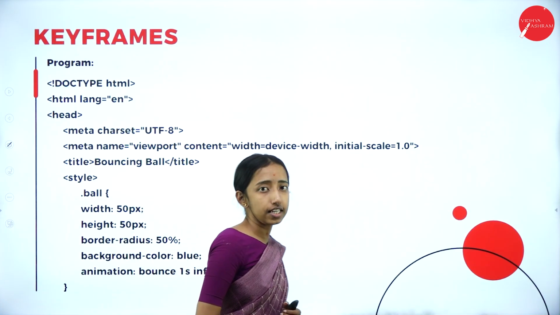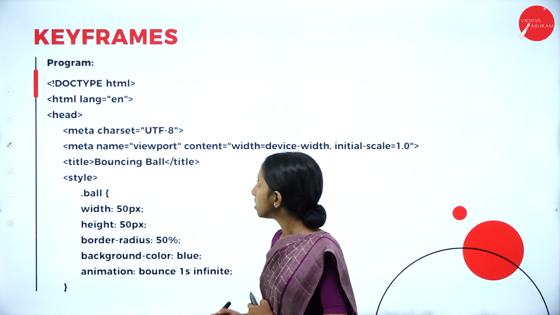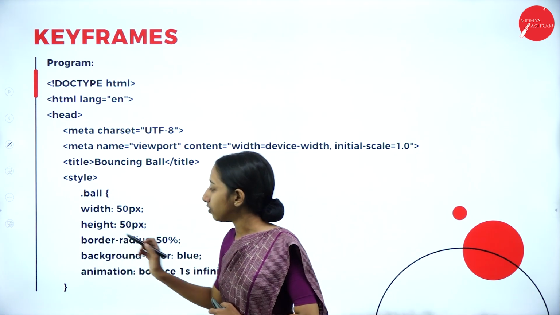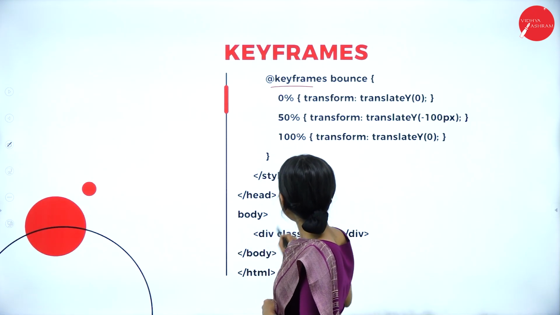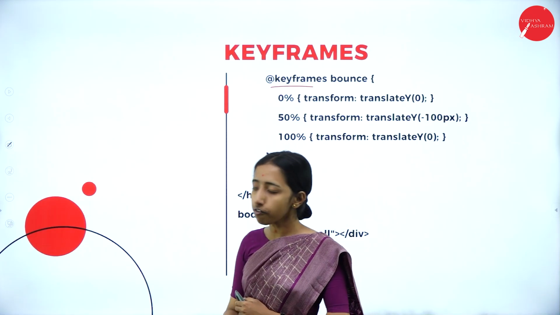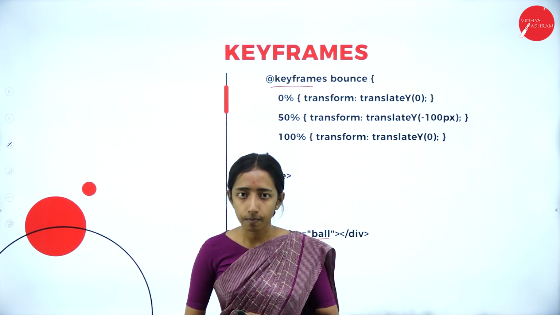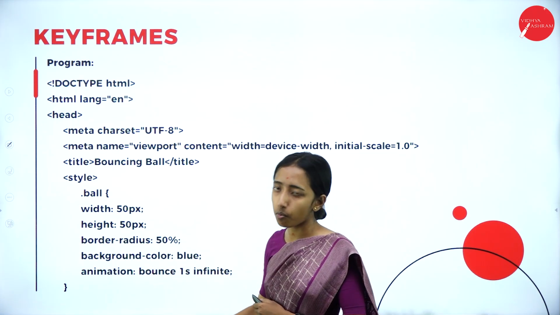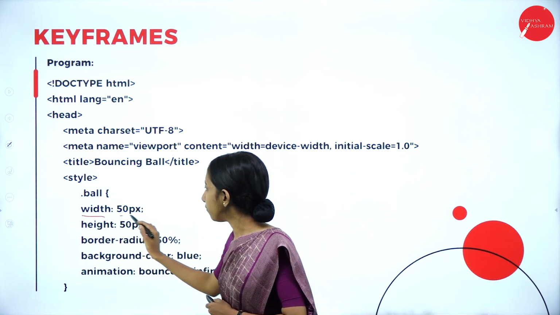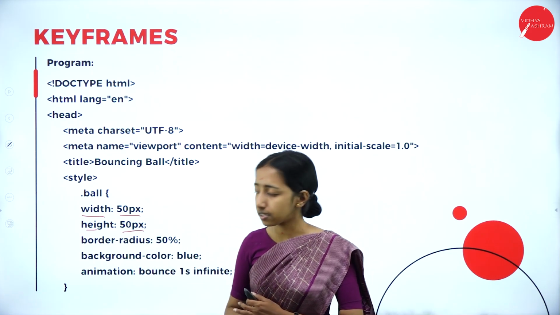So here you can see we have an example for keyframes. Here again I have taken the style tag and keyframes and a div with class ball. In the style we have styled the ball, that is width 50 px, height 50 px. Px means pixel.